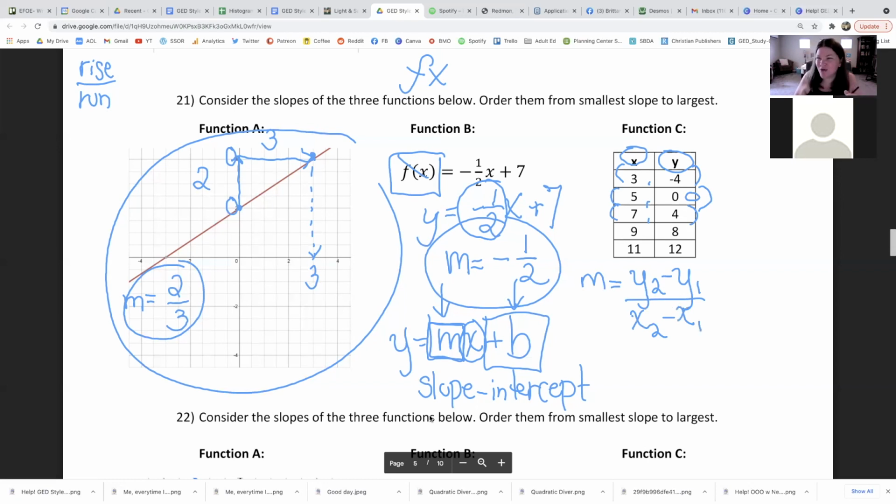It's just a mathematical way of saying it, okay? The change in x's is how much I'm running. Now you might say, well, what is all this y2, y1, x2, x1? Basically, I need you to just choose one of these points to be point 2, and it really doesn't matter which one, and one to be point 1. So I'll call this one point 1, and I'll call this one point 2. So now if I want to plug into this formula, y2 is the y value from the second point.